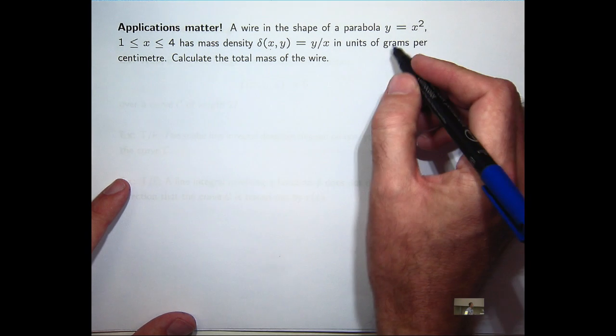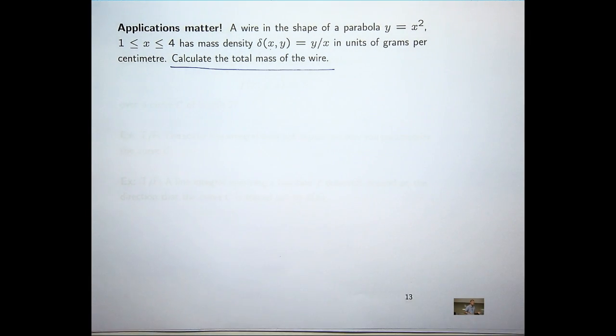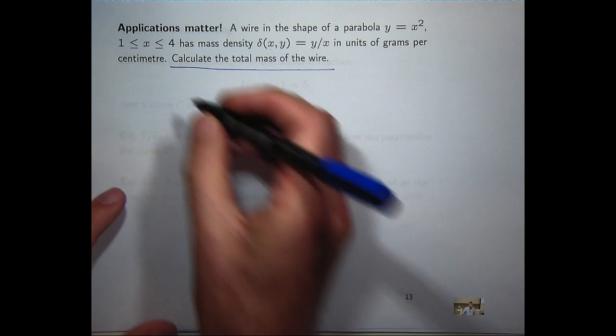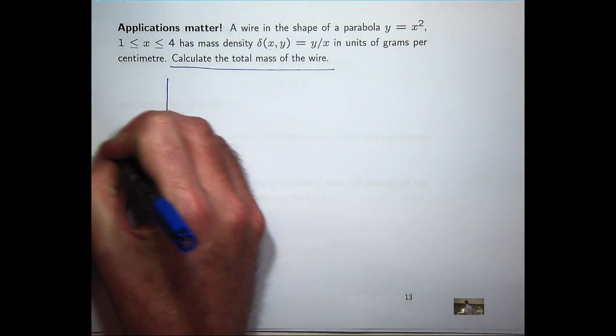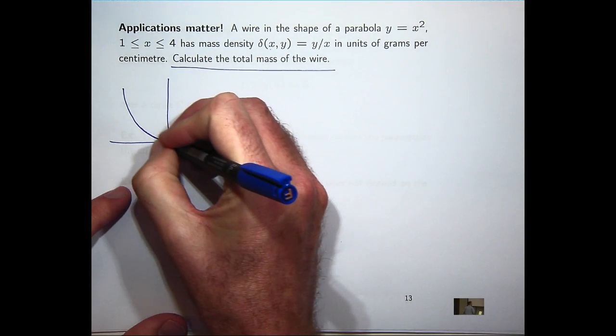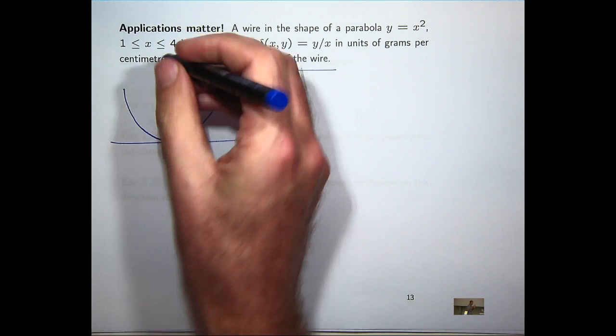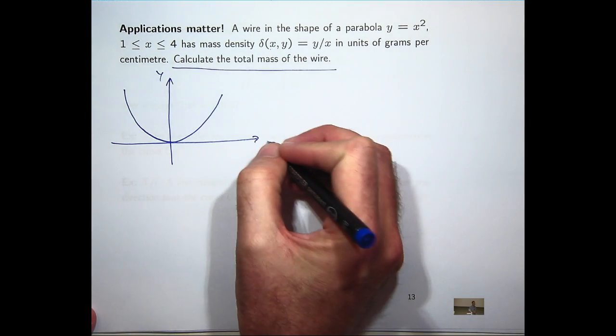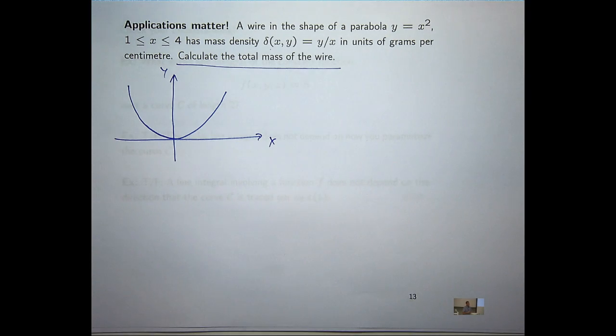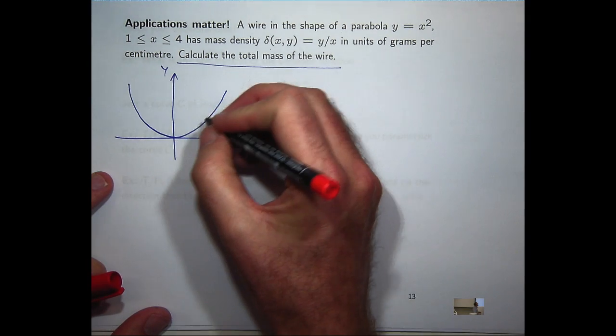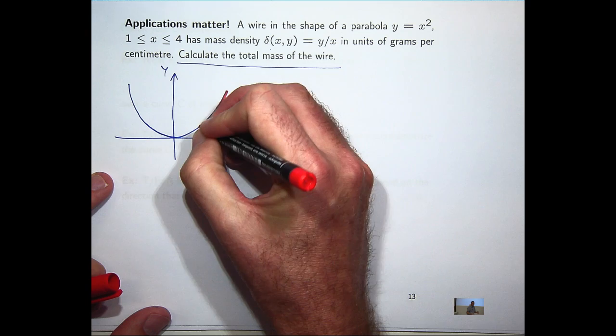We're asked to calculate the total mass of the wire. It's just a basic example. Let's draw in our curve, and we're only interested in the curve between, say, x equals 1 and 4.